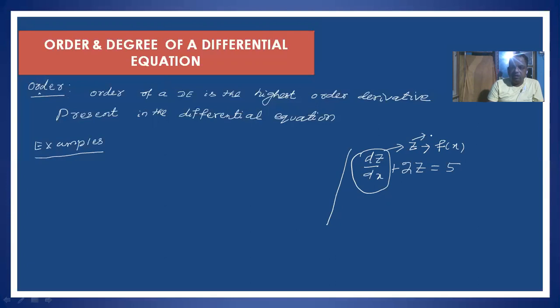Therefore, z is called the dependent variable and x is called the independent variable. So this equation is called an ordinary differential equation, ODE, or simply a differential equation.